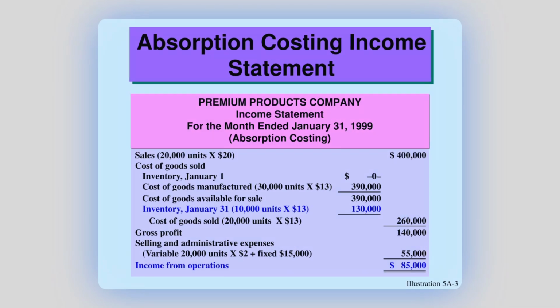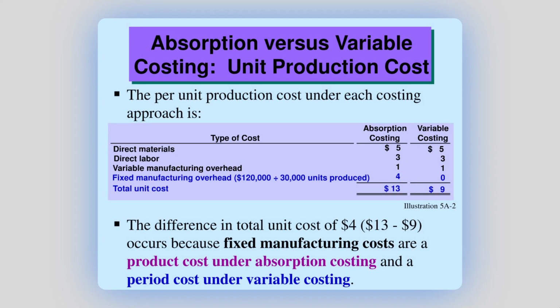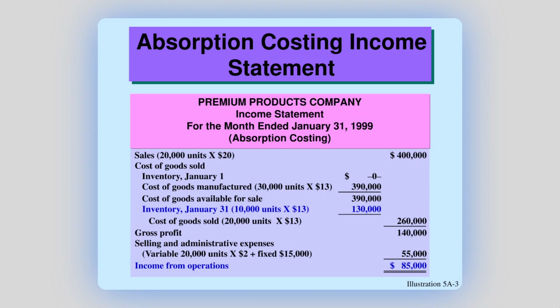What you will do is take 13, because of the absorption, 13 to be multiplied by 20,000. Is it 260, class? Yes. Your cost of goods sold is 260.